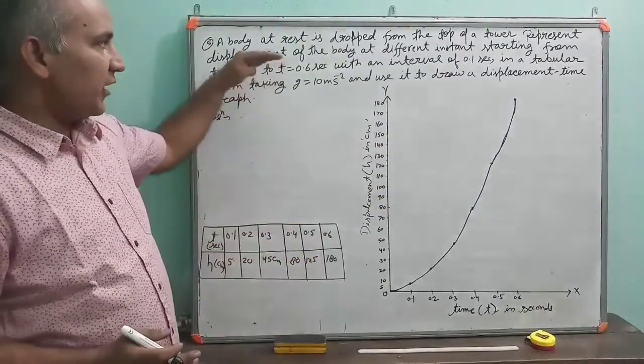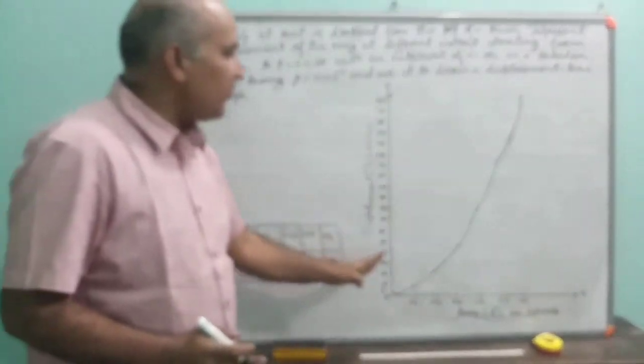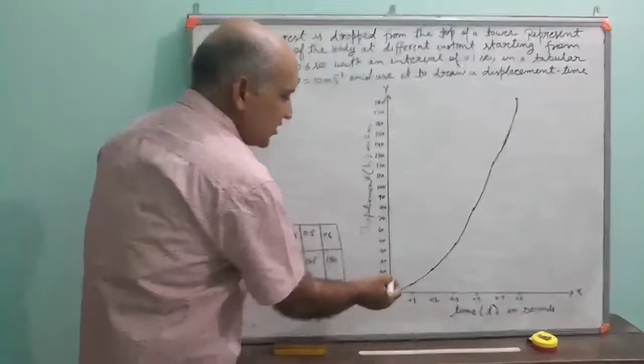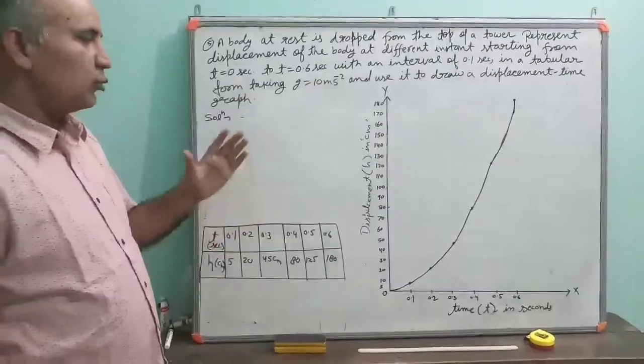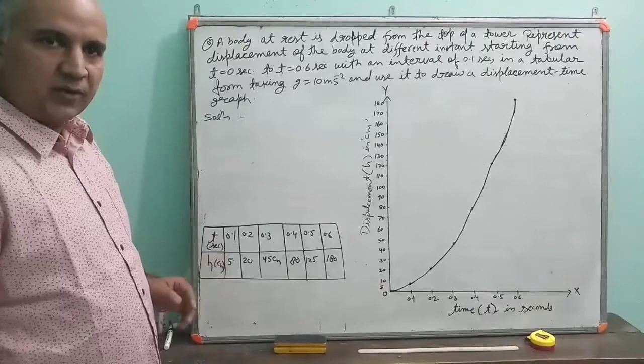Understood? That means under free fall, the graph will be a curve. Is this clear, everybody? In the graph paper, you will draw the graph and you will do the practice for this question. Okay?